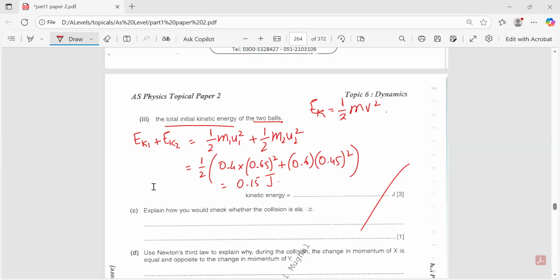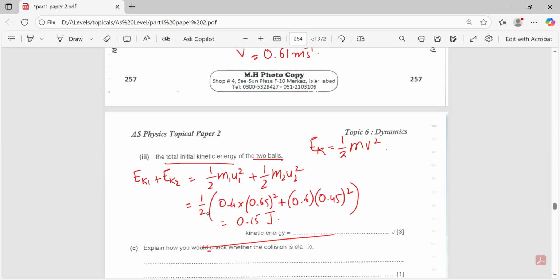Okay, next part. Next part says explain how you would check whether the collision is elastic. So we need to check whether the collision is going to be elastic or inelastic.